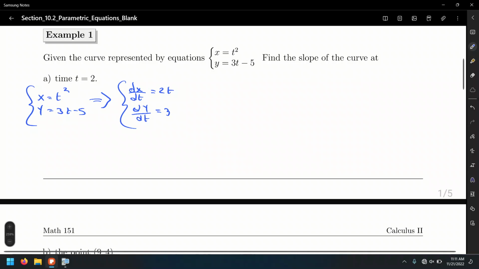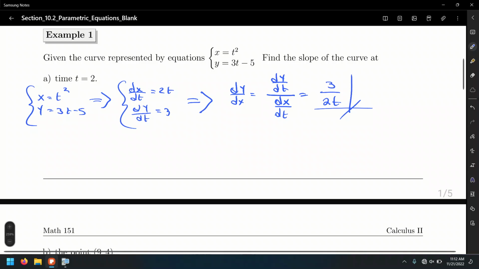All right, so we can form our derivative dy dx by dividing the derivative of y with respect to t by the derivative of x with respect to t. Writing down where they correspond, that's 3 over 2t. And we can use this expression to find the slope at any particular time for this set of parametric equations.